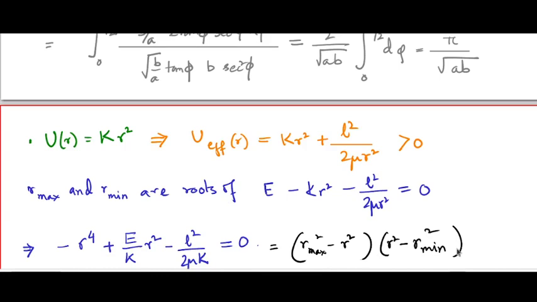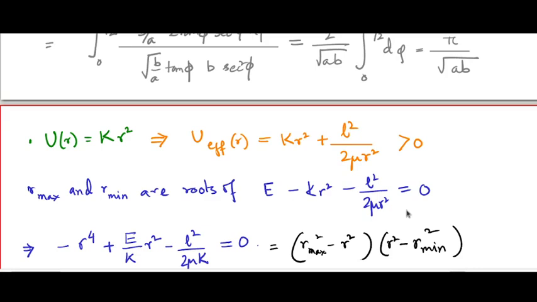Now, as opposed to what we had in the case of the inverse r potential, this one gives you a quartic equation, minus r to the 4 plus E by k r square minus L square by 2 mu k equals 0. Of course, to arrive at this, from this one, we had multiplied through by r square and divided by k.